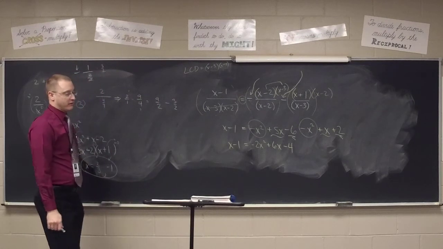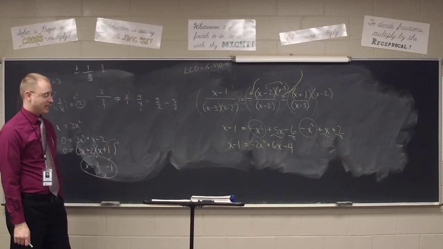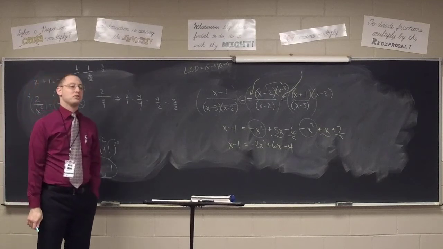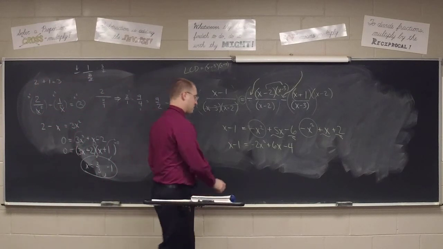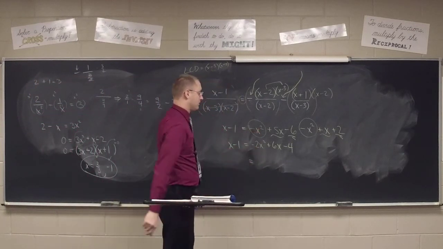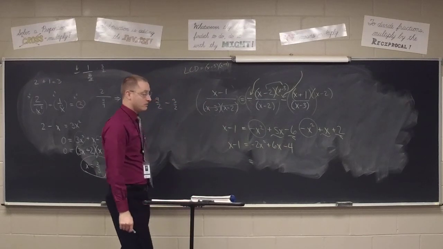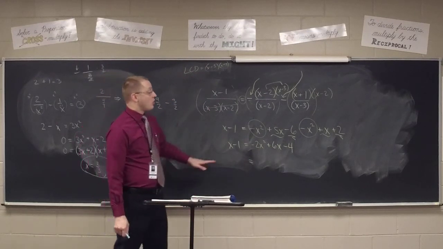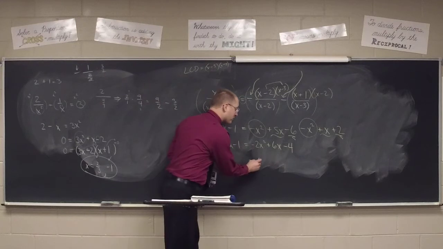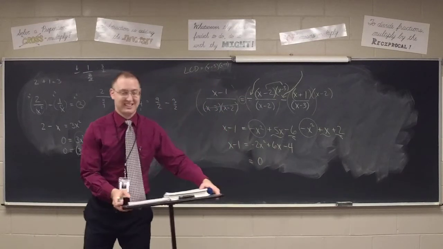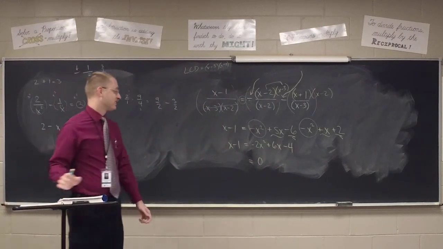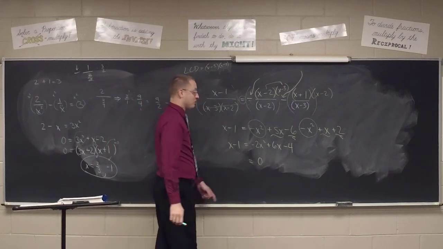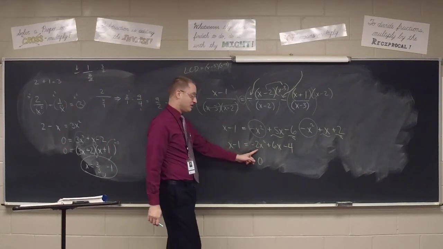Oh, that means I've got a quadratic, which means I need to set it equal to 0. Noah, which side should be the 0? The right. Why the right, Noah? Well, the x squared right now is negative, do I want it to be negative?